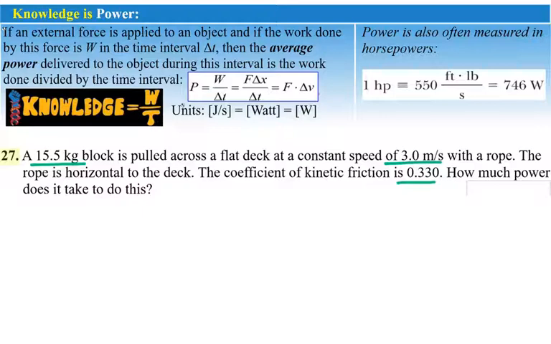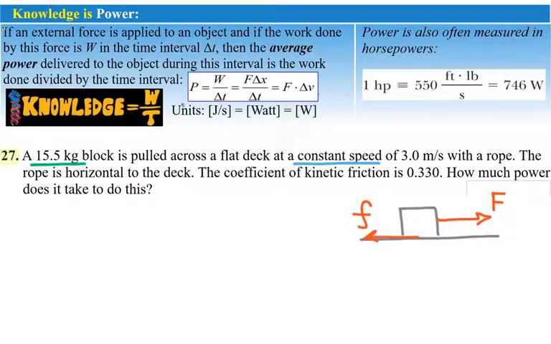Because they say that it is pulled at the constant speed, that means if I have a block and I am applying the force, applied force, and then there is also friction force, that means the friction force is equal to the applied force, because your acceleration is equal to 0.